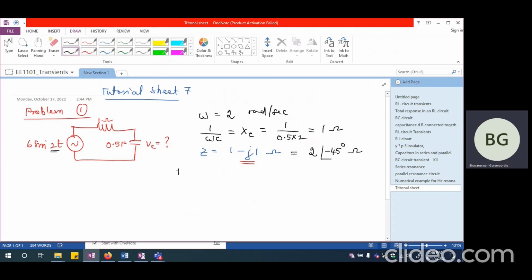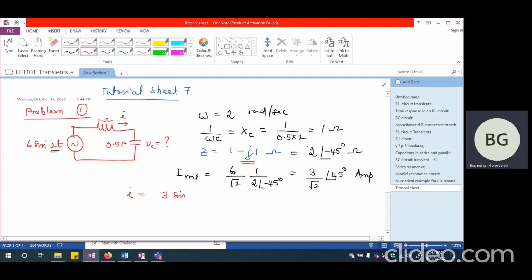Now, if I want the RMS value of current, the current RMS value will be 6 divided by root 2, divided by root 2 angle minus 45 degrees.